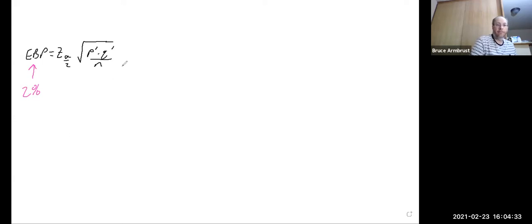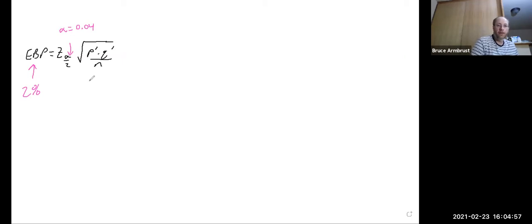The Z alpha over 2, we actually know what alpha is going to equal. Alpha in this case is going to be 0.04 because we were told we want to be 96% sure. So we know the alpha.